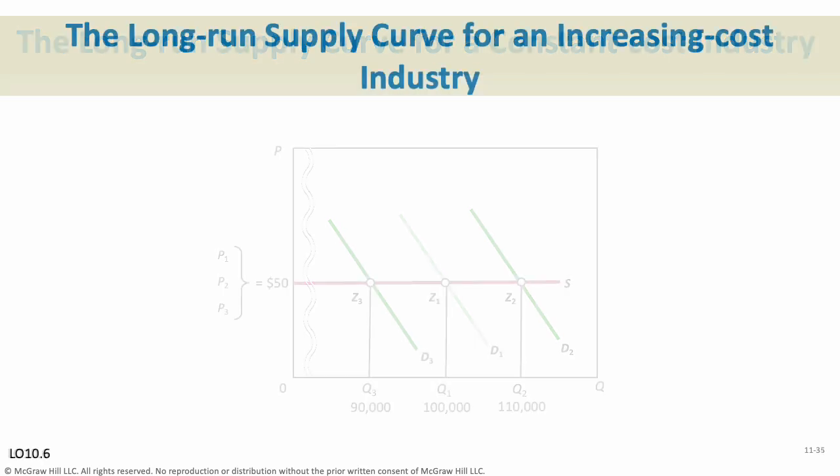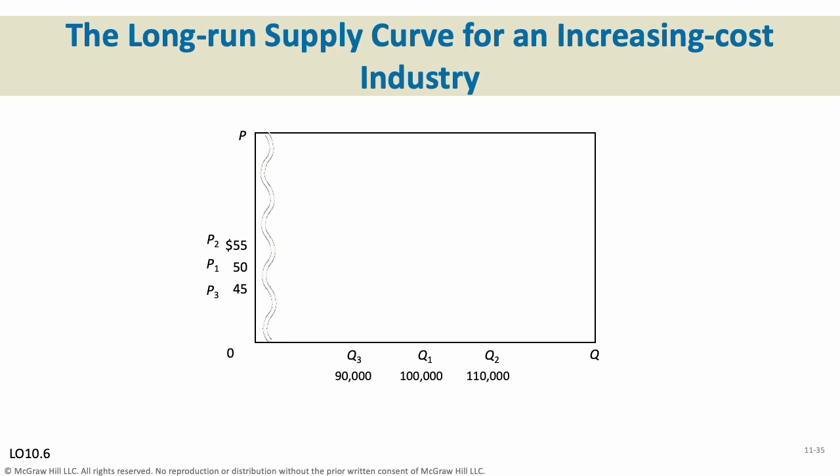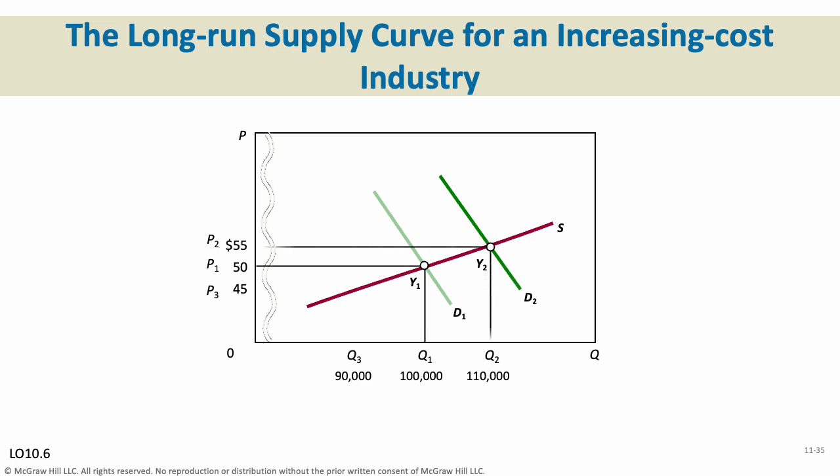In an increasing cost industry, you have an up-sloping long run supply curve. So let's take a look at that. Entry of new firms in response to an increase in demand, so demand is going from 3 to 1 to 2, will bid up resource prices and increase unit costs.